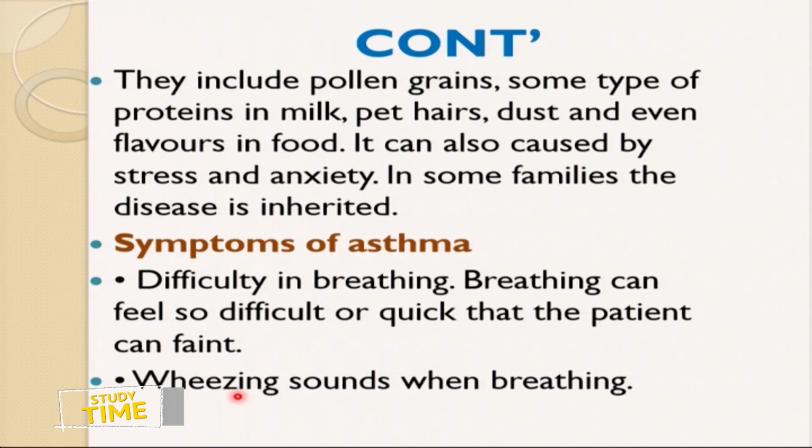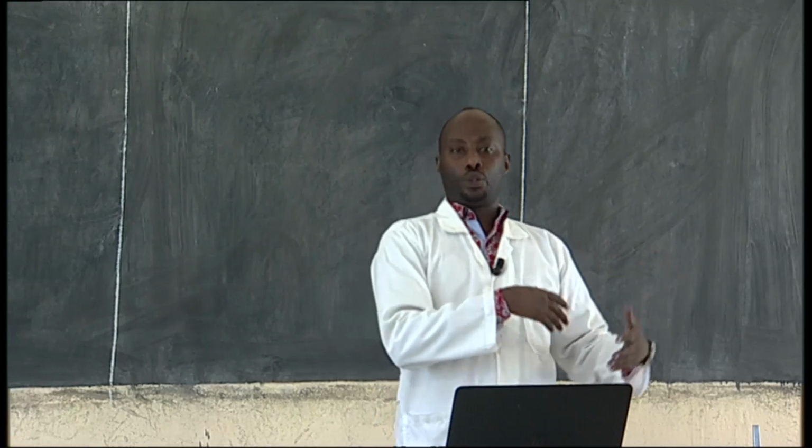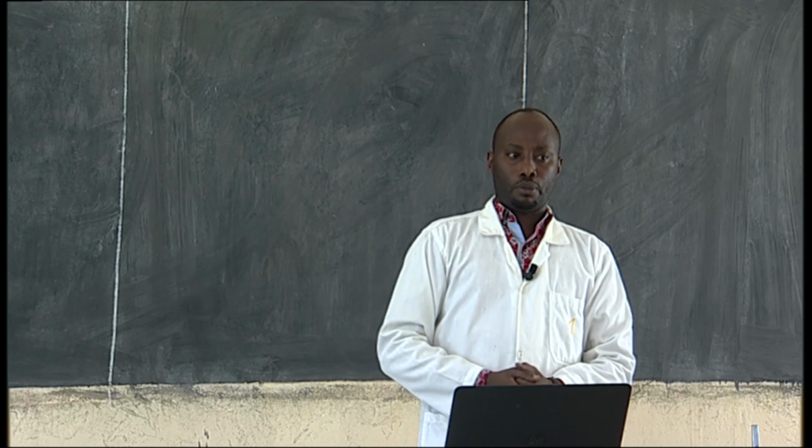When you take some milk, you become allergic to it, and eventually you can suffer from asthma. We have pet hairs. Some of you have animals at home, for example cats and dogs, and you find you're allergic to those pet hairs. Some people are even allergic to dust, and to flavors in food. When you have a flavor of a food, you become allergic to it, and eventually you suffer from asthma.